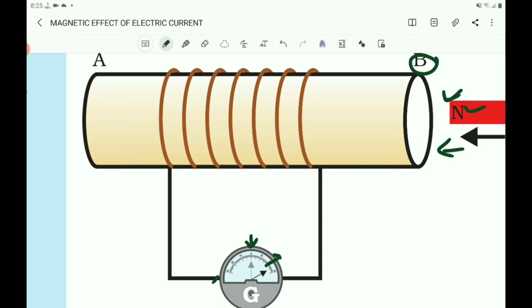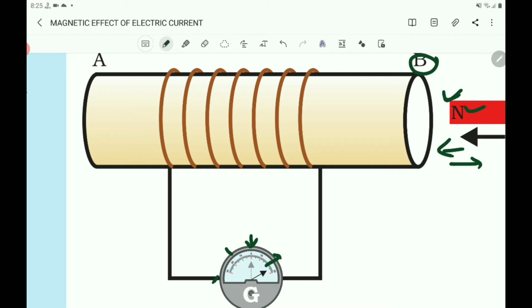Now withdraw the north pole of the magnet away from the coil. Now the galvanometer is deflected towards the left. When the magnet moves away from the coil, the galvanometer shows the deflection towards the left.